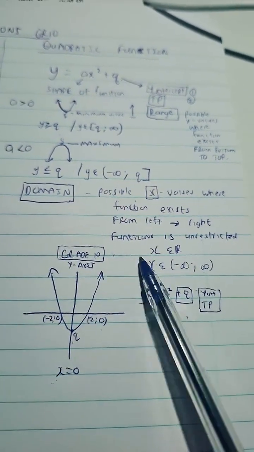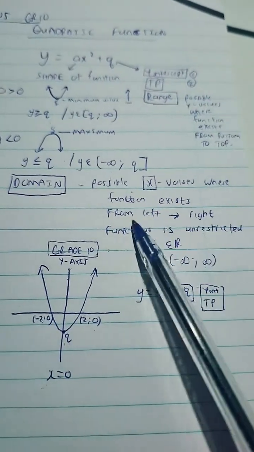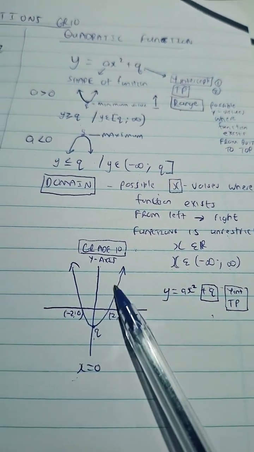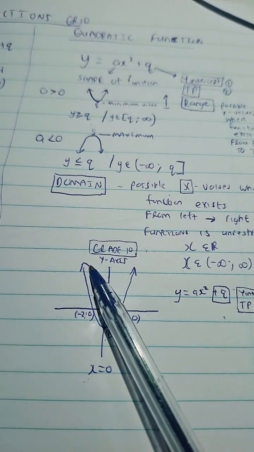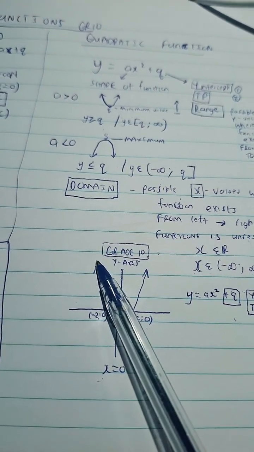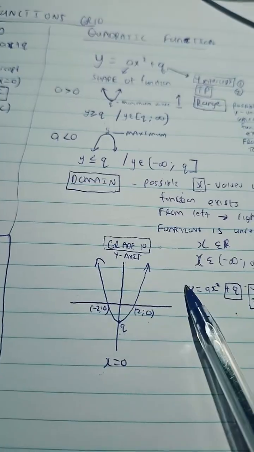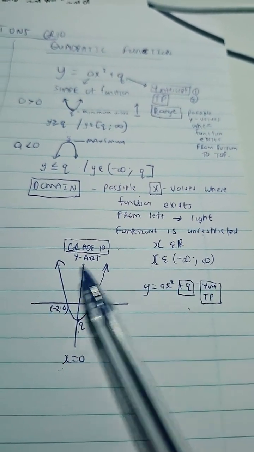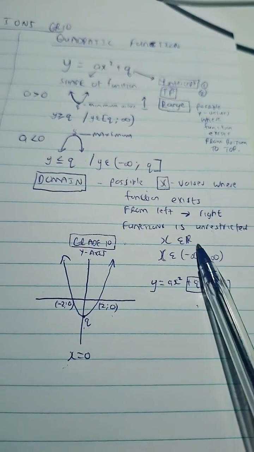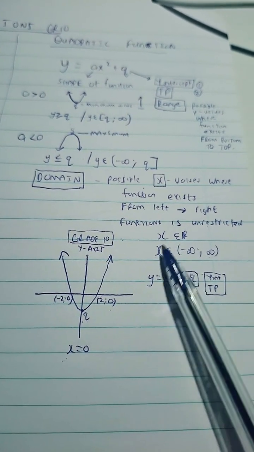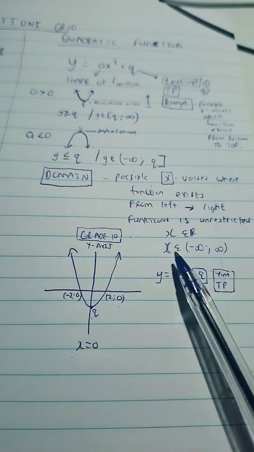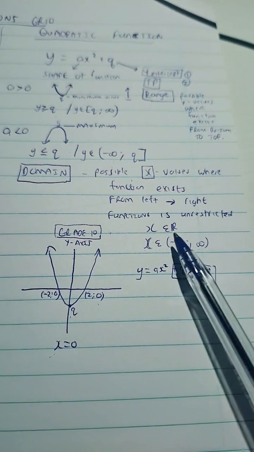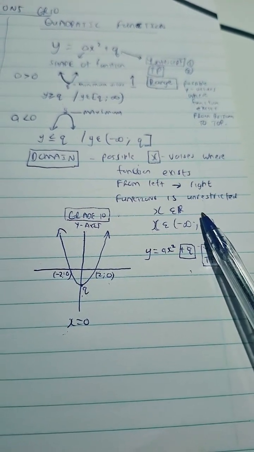So from left to right, the function is unrestricted. Why do we say unrestricted? Because it exists everywhere from left to right. But we just simply write x as an element of real numbers, or we can say x is an element from negative infinity to positive infinity. I hope that makes sense.